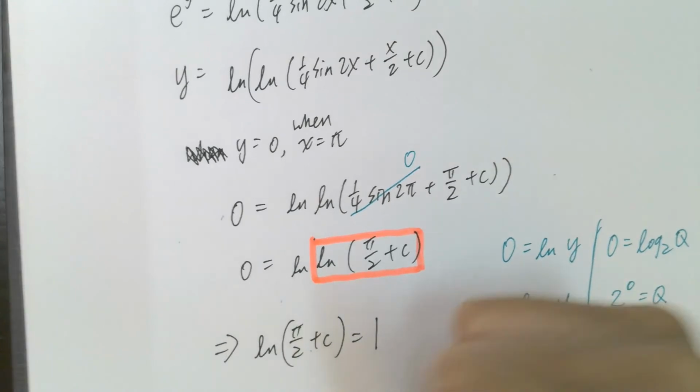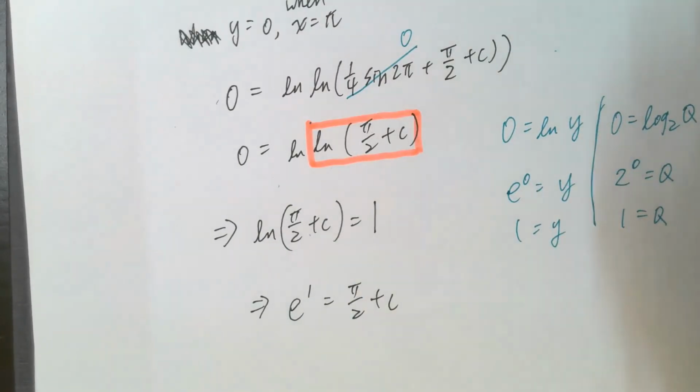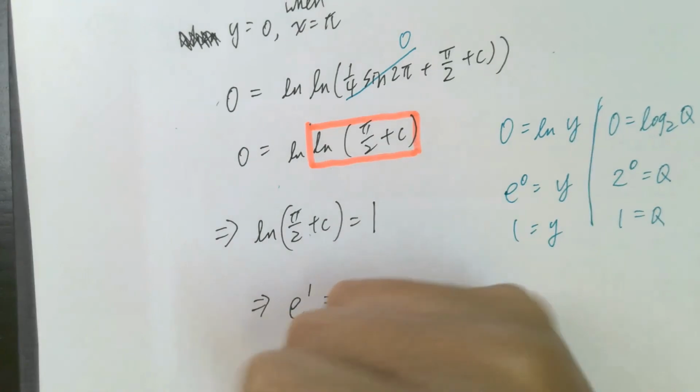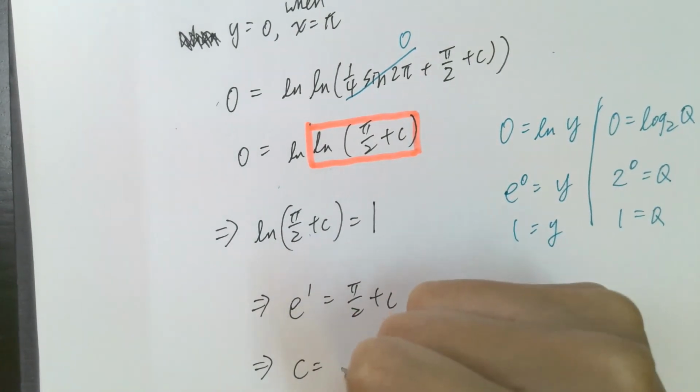Agreed? So based on the same logic of logarithm, we have basically c is equal to e minus pi over 2.